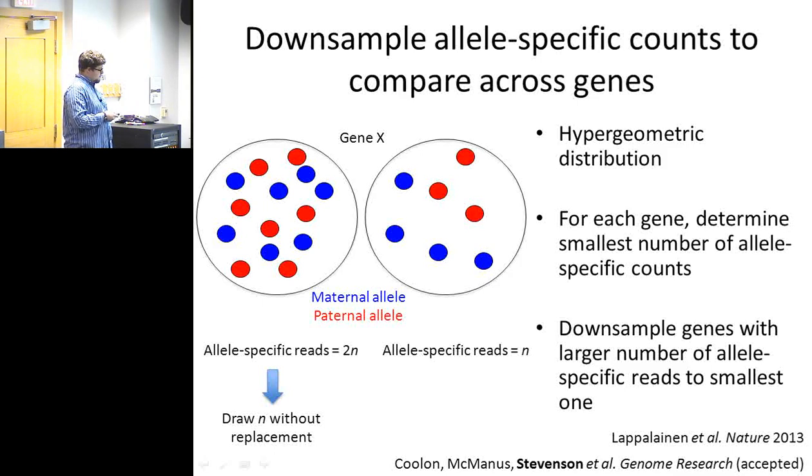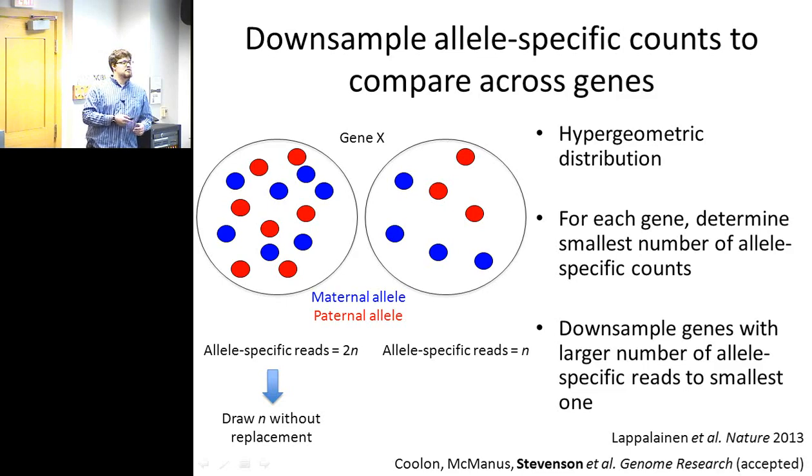We have a large set of objects, some of which are counted as successes, and we're drawing a subset of this larger sample. The number of successes in that smaller sample follows a hypergeometric distribution.